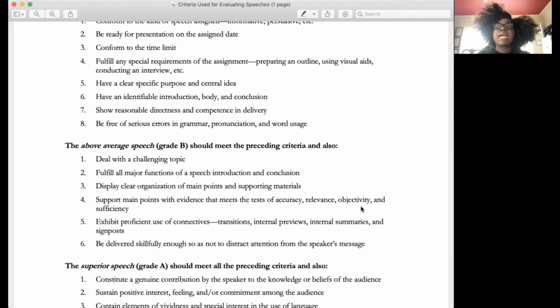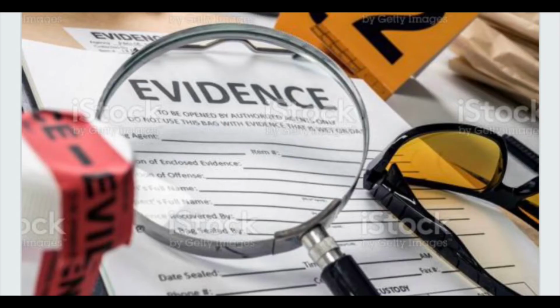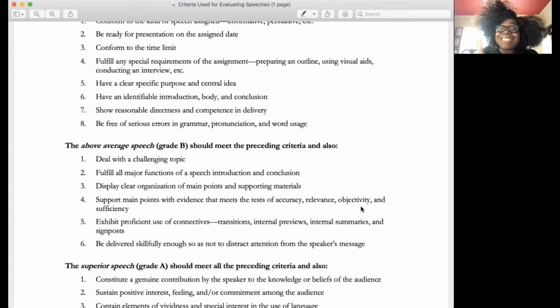Examples are basic. The next thing that a B speech should have is that it should support the main points with evidence that meets the test of accuracy, relevance, objectivity, and sufficiency.